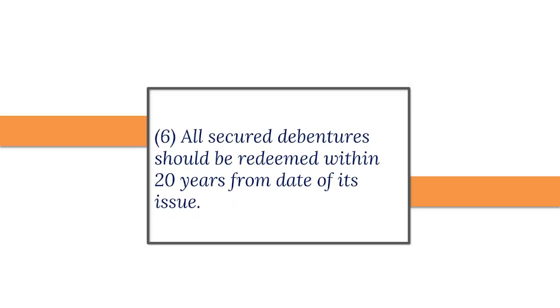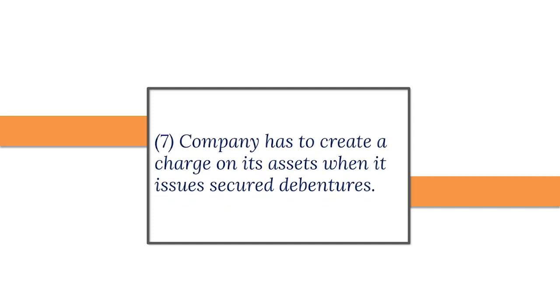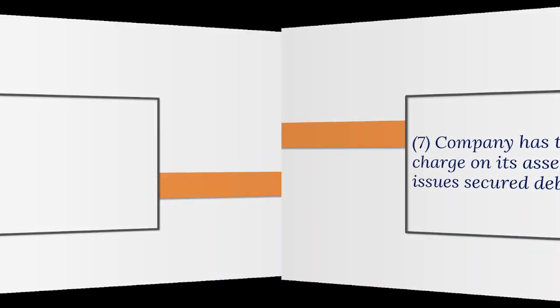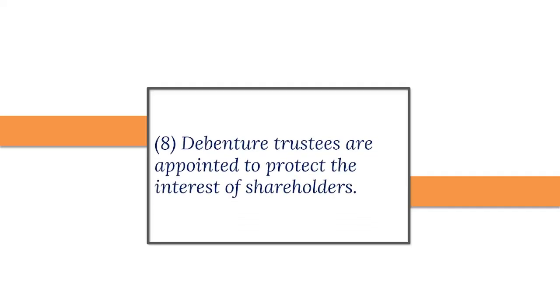6. All secured debentures should be redeemed within 20 years from date of its issue. This statement is false. 7. Company has to create a charge on its assets when it issues secured debentures. This statement is true. 8. Debenture trustees are appointed to protect the interest of shareholders.